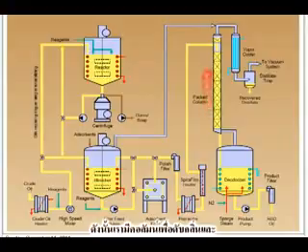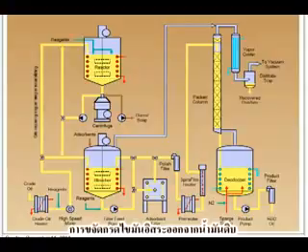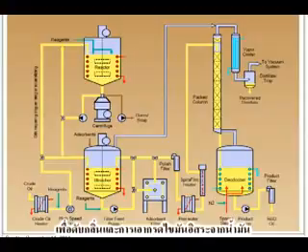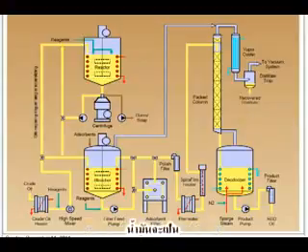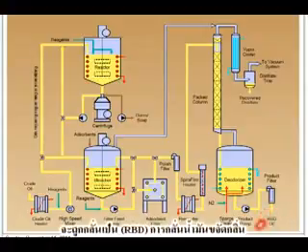So here we have a high-vacuum distillation column, to deodorize and to remove the free fatty acid and the volatiles from the oil, and the volatile material will be recovered as distillate, and the oil will be recovered as RBD oil, which is refined, bleached, deodorized oil.